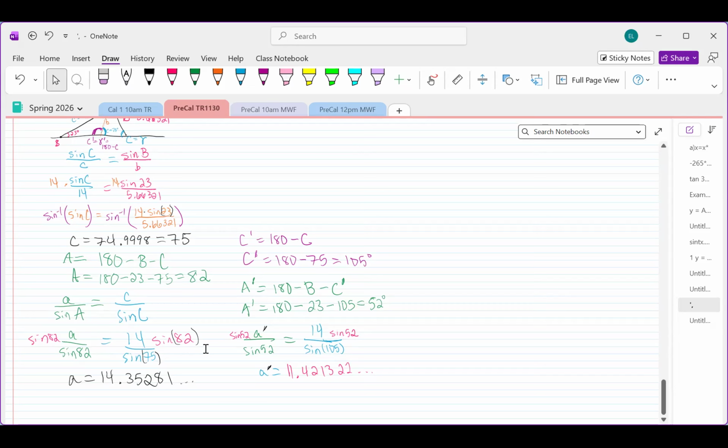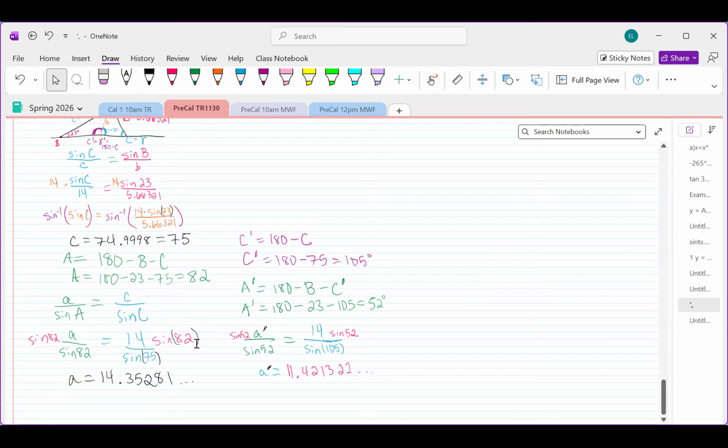The easiest calculation mistake to make is to forget to close the parenthesis on the 82. So if you type it in without the close, you'll still get a number. Sine 82 divided by sine 75. Yeah, this way I got 13.9444. So it seems reasonable. That seems like a side length.